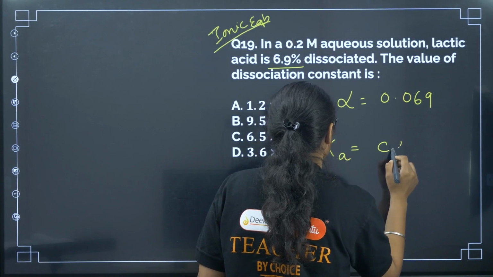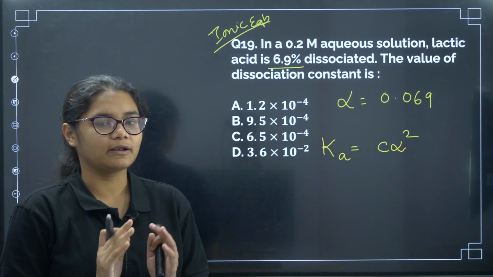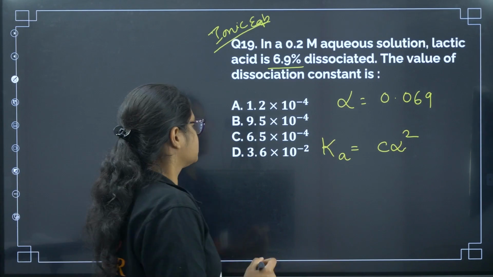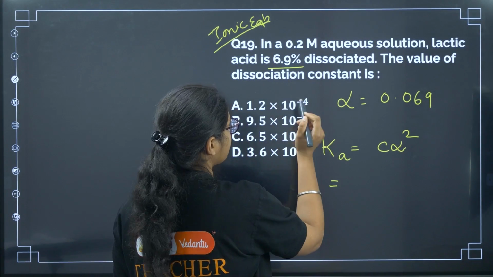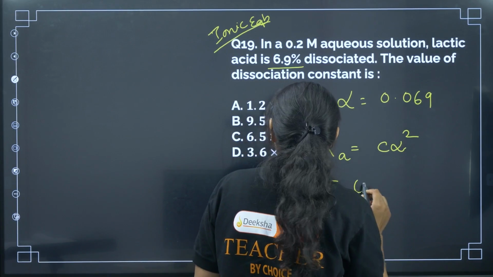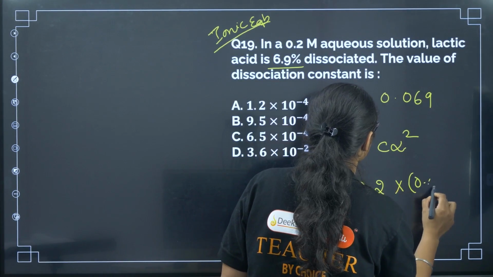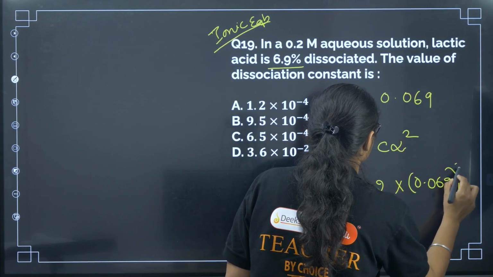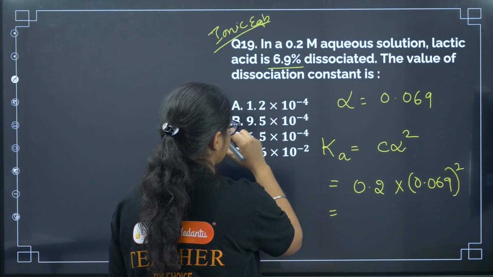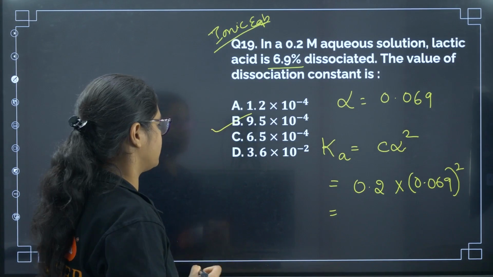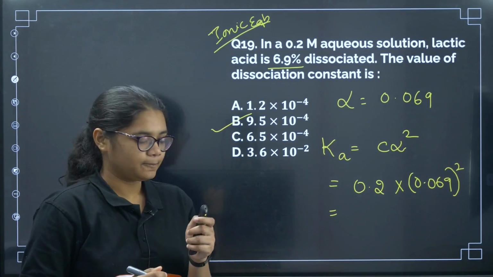Ka is C alpha square by 1 minus alpha, but in 1 minus alpha we can ignore alpha. If we solve this, C is 0.2 molar and alpha square is 0.069 square. So we'll get a value around 9.5 into 10 to the power of minus 4. So the correct answer for this question will be option number B.